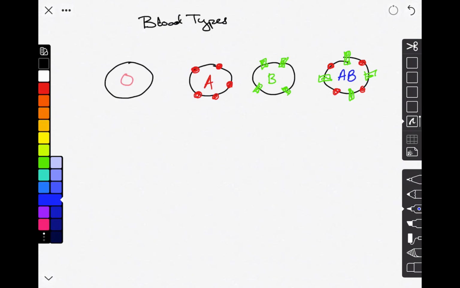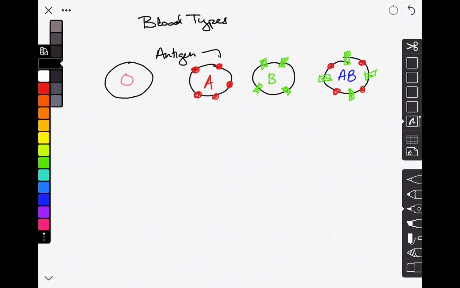Along with these blood types comes that within your blood, in addition to the antigens that are on your blood, there will be antibodies. These are made by the immune system and they're there to recognize invaders.